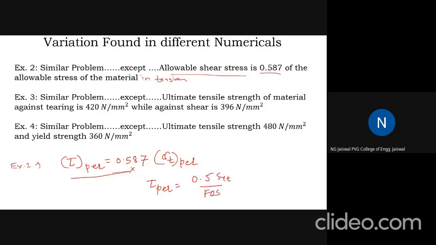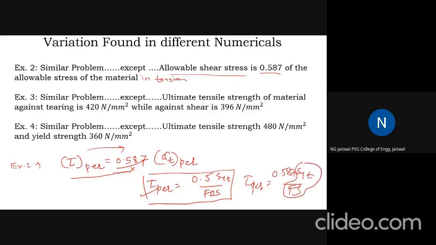This is our usual equation. We use this equation when there is no explicit mention of permissible value of shear stress. But since now this is given, tau permissible is equal to 0.587 of SYT by factor of safety, because this actually is sigma t permissible.